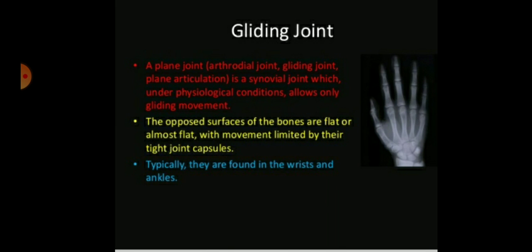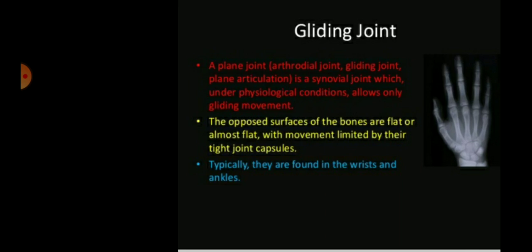The next is the gliding joint, which is not in our course, but we should know about it because it is important. The gliding joint, or plane joint, is a synovial joint which, under physiological conditions, allows only gliding movement. Typically, they are found in the wrist and the ankle.